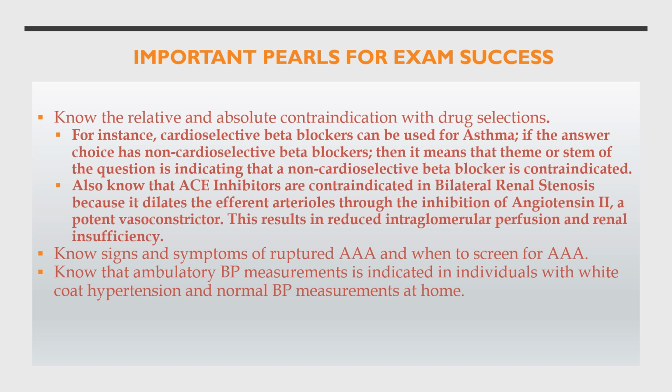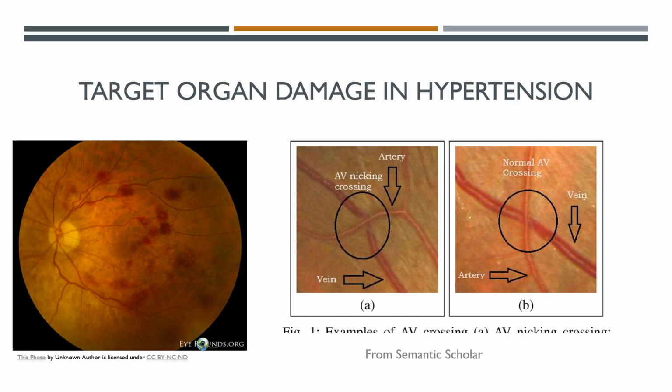Know signs and symptoms of ruptured abdominal aortic aneurysm, and when to screen for abdominal aortic aneurysm. Note that ambulatory BP measurement is indicated in individuals with white coat hypertension and normal BP measurements at home. Target organ damage in hypertension.